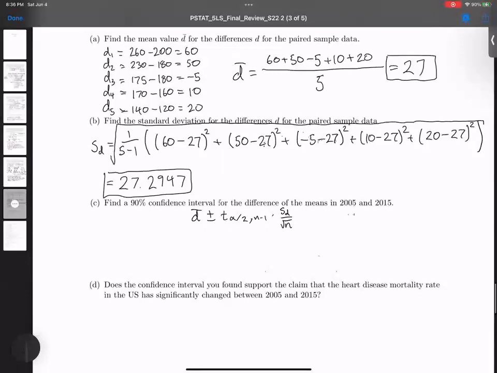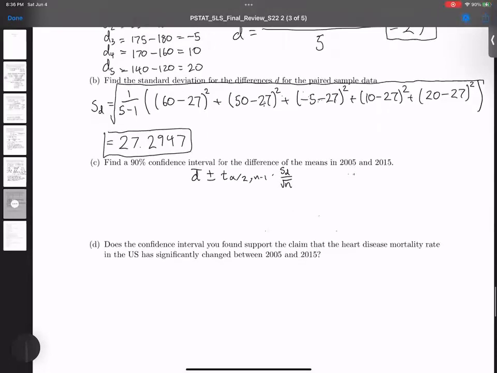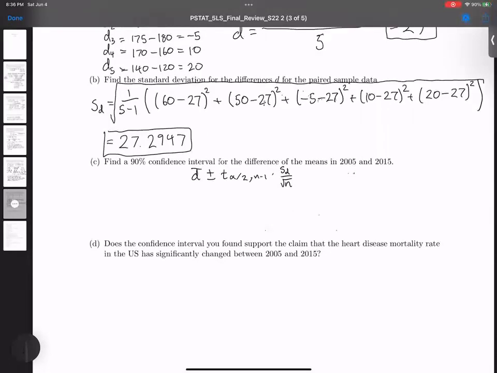So it's exactly the same as the chapter 8 confidence interval. It's just that now our data are these differences of 2 different proportions, or 2 different sets of data from 2 different populations.